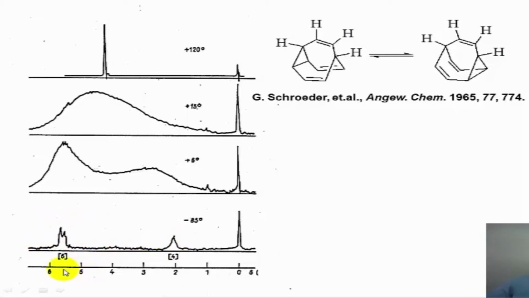signals, one at 5.6 or 5.8 or so, another one around 2.1 ppm, integrating 6 hydrogens here and 4 hydrogens here. Now if you look at the bullvalene structure under the frozen conditions where the rearrangement is considerably slowed down, NMR would see three different types of hydrogen in this molecule, one belonging to the cyclopropyl hydrogen, the other one belonging to the vinylic hydrogen, and the third one belonging to the CH of the methine hydrogen.